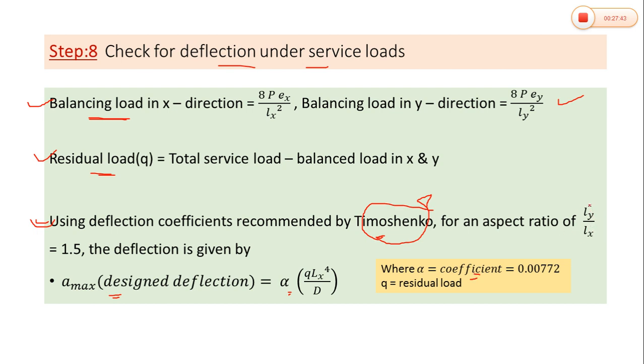So for Ly by Lx 1.5, the value of alpha is 0.0072. Depending upon that, we have different values of alpha. Here small q represents the residual load, Lx is the span in x direction, and capital D.